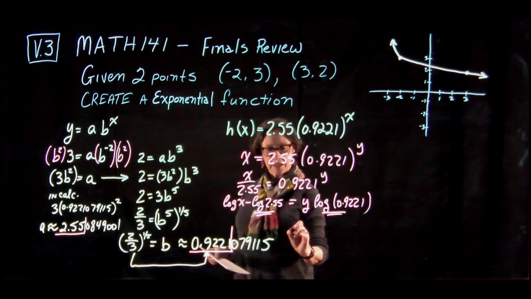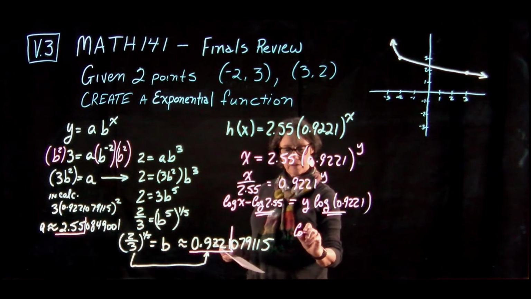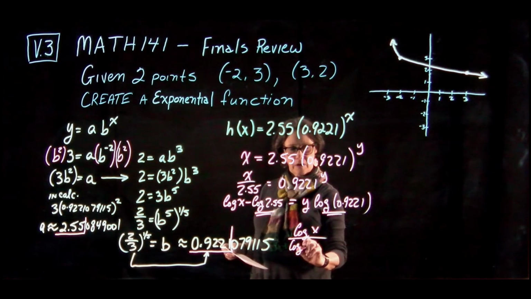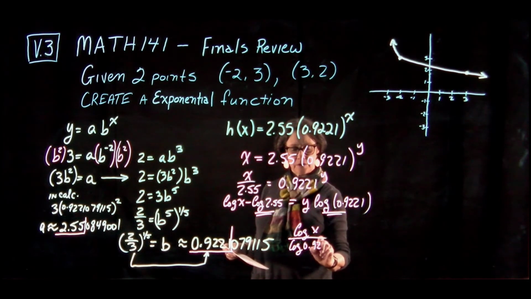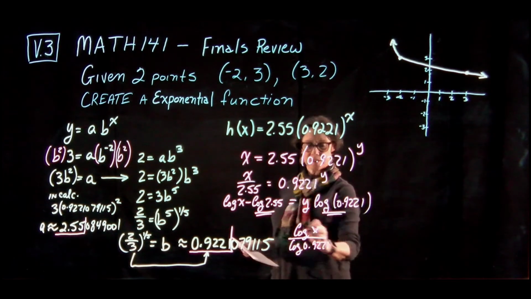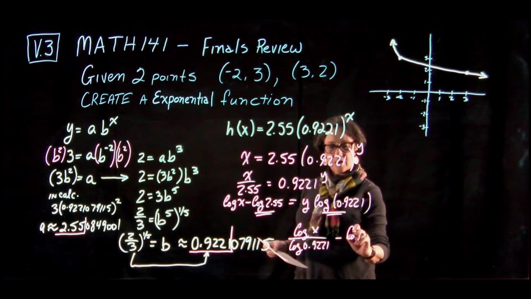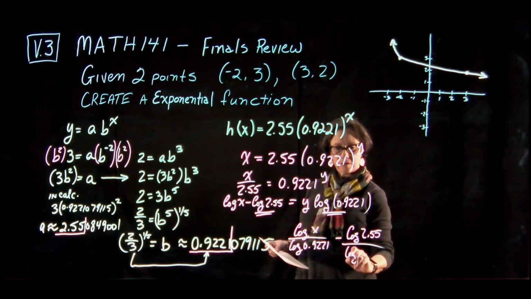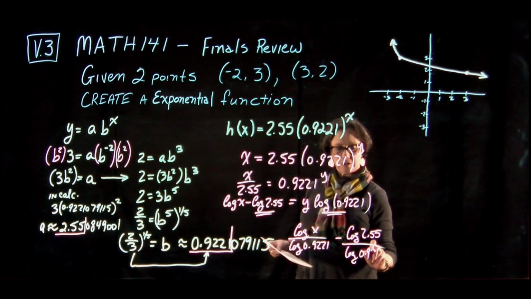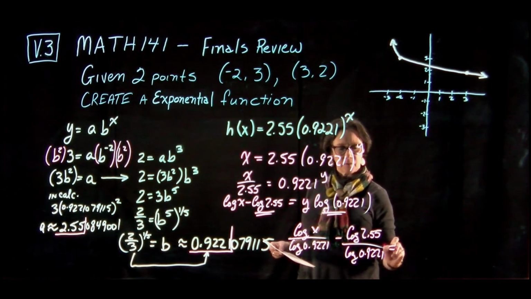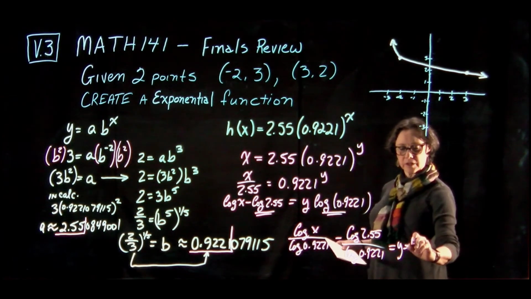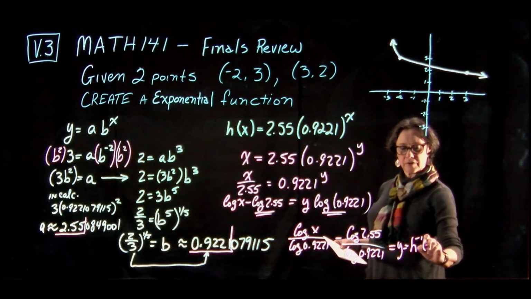So I'm going to take log of x, and I'm going to divide it by the log of 0.9221, and I'm going to subtract the log of 2.55 and divide that by the log of 0.9221. All of this is equal to y. This is our inverse function that we can call h to the negative 1 of x.